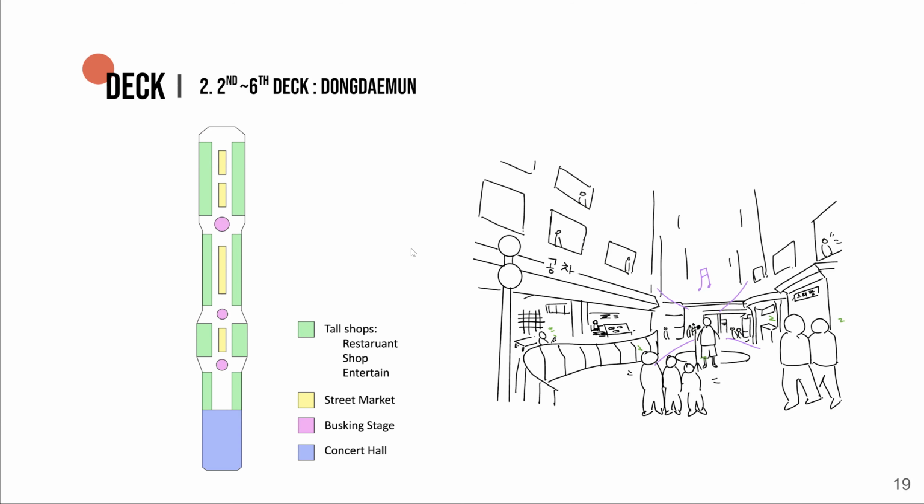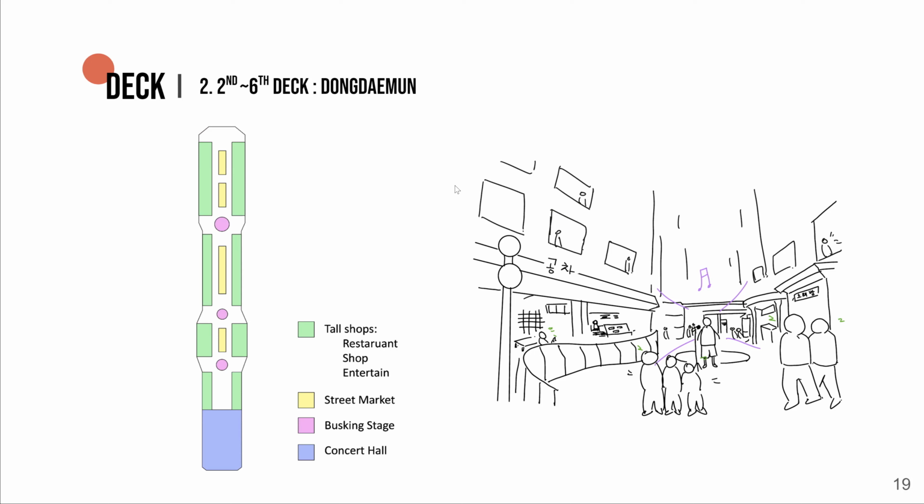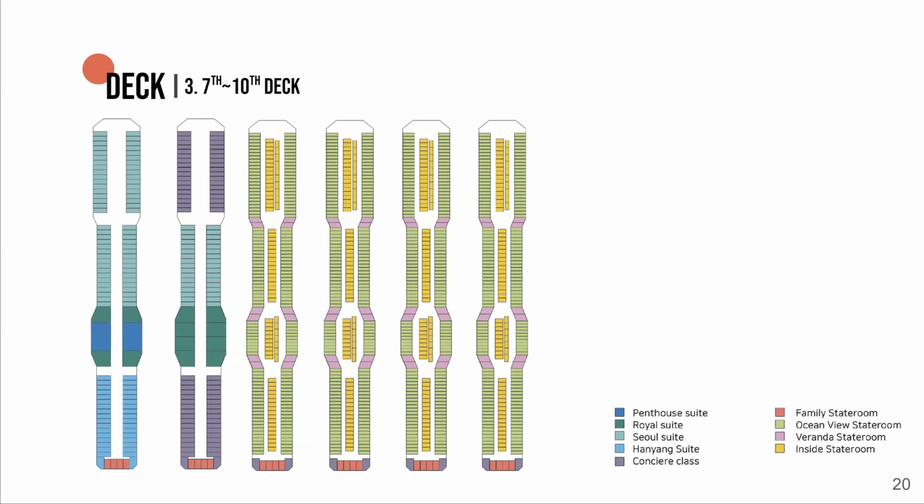So having this glass panel will allow natural sunlight to enter, and it will give the entire space an actual vibe of being in a market in Korea. From the 7th to the 10th deck, we are planning to have our housing and residential areas.